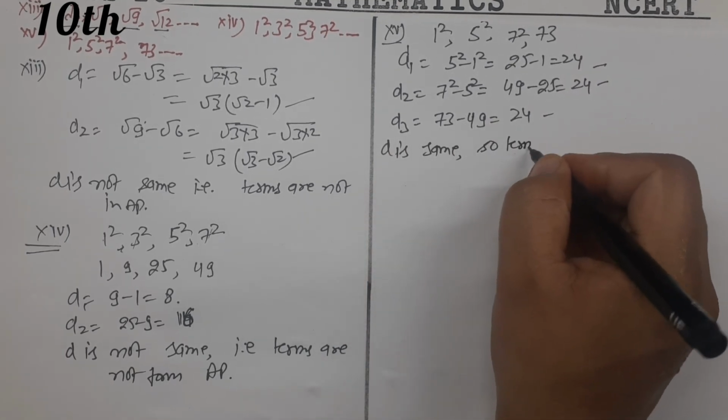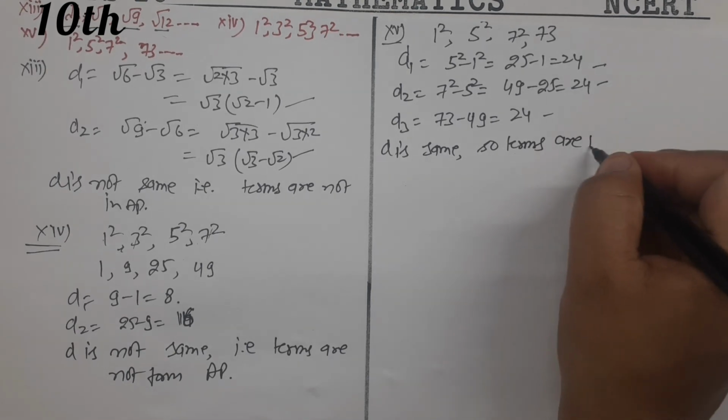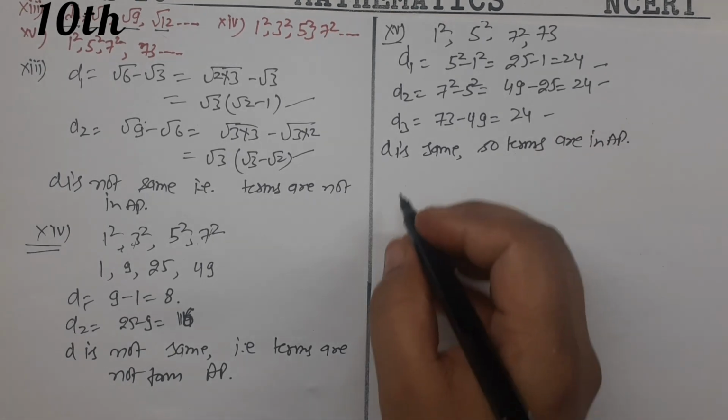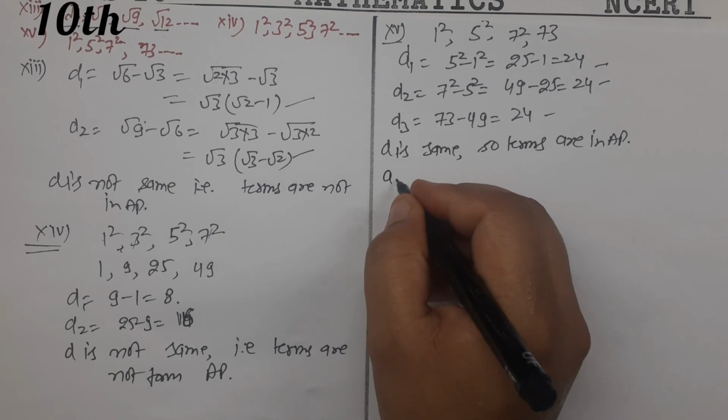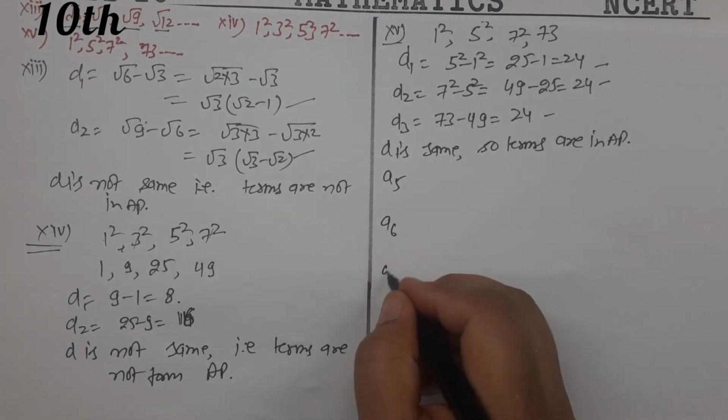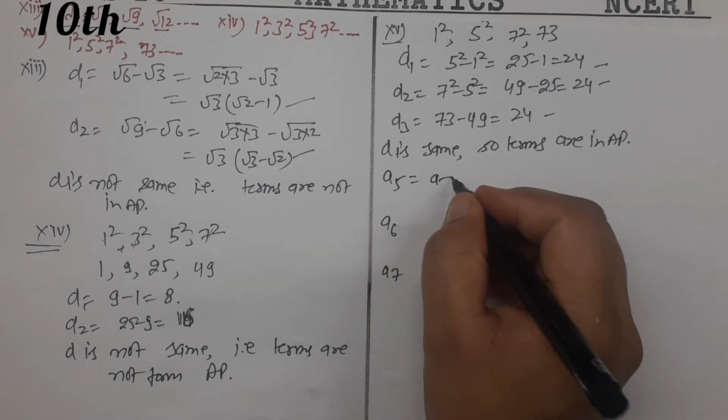So the terms are in AP. Now we will find a5, a6, a7.